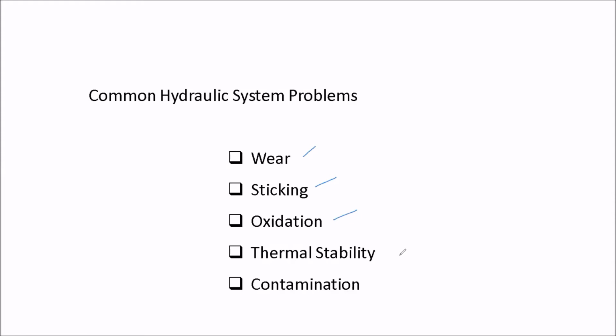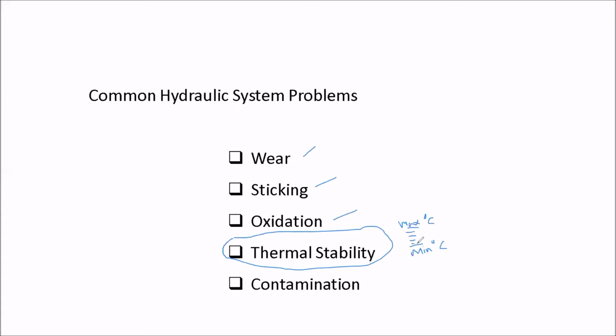And then we have thermal stability. Thermal stability is a characteristic that we require in a good oil. Your good hydraulic oil must have good thermal stability. What is thermal stability? The hydraulic oil should stay in a certain range of temperature. Let's say this is your max degree Celsius, and then you have your min degree Celsius. Your oil should stay within this range, it cannot go up or down.